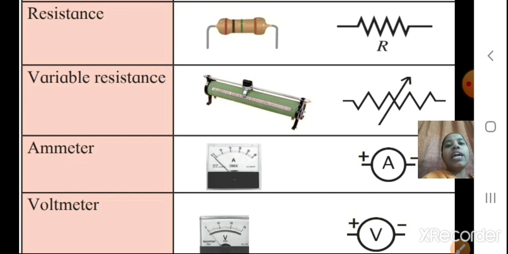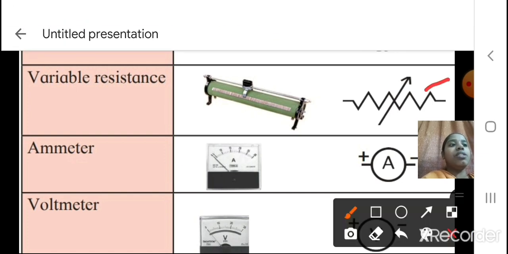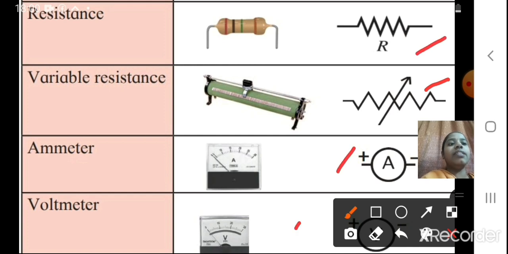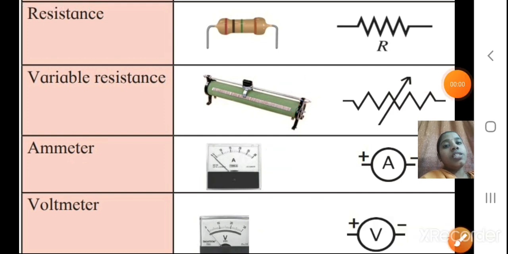So I thought I should tell you this, but please go through the table again, see the symbols, and what the symbols we draw mean. I am talking about these, not this instrument. This instrument we don't draw in the circuit. I have made it just to help understanding. Is it clear, students? Okay, so we'll move to the next part.